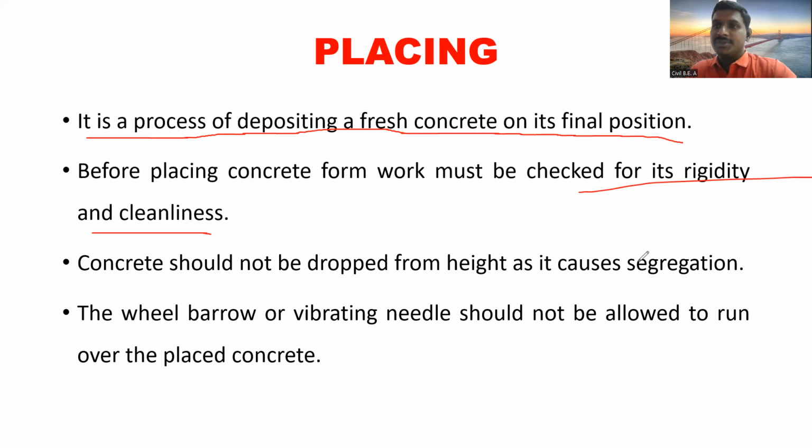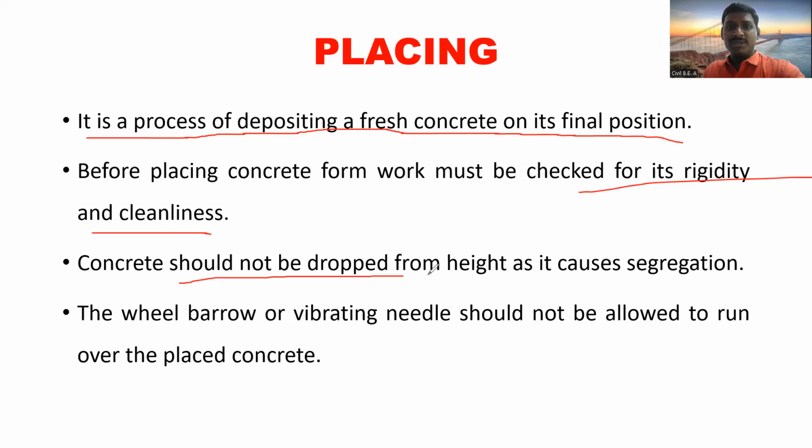You have bound the steel in the column, and for that steel we have done the formwork or scaffolding. Whether that scaffolding or formwork is clean and rigid, we have to check, and that is a must.